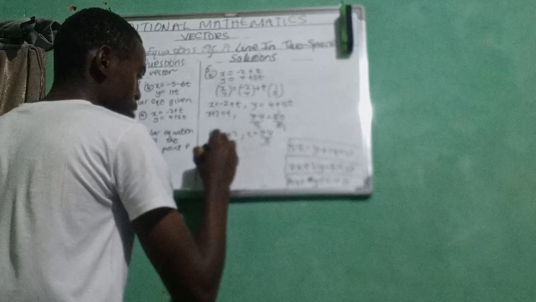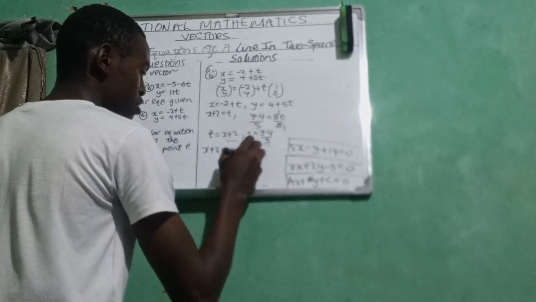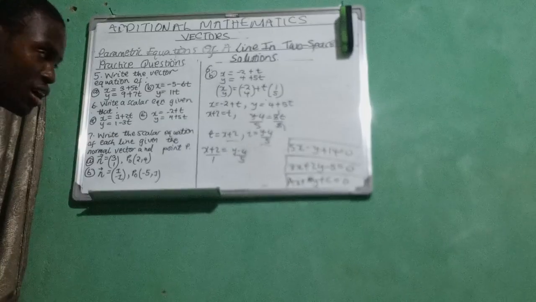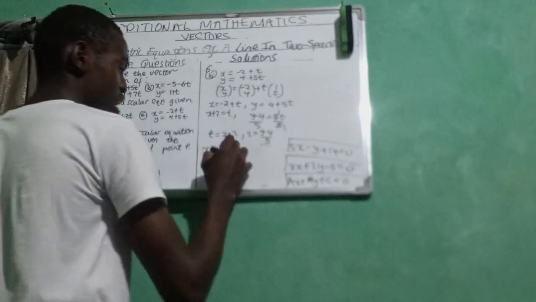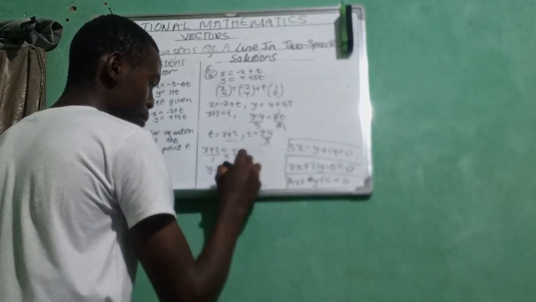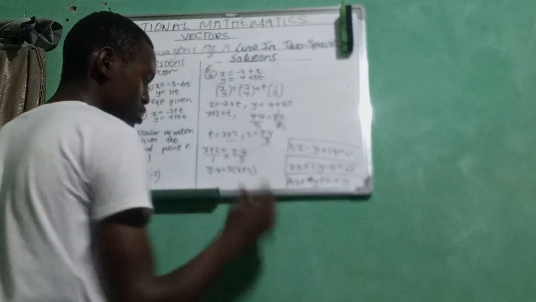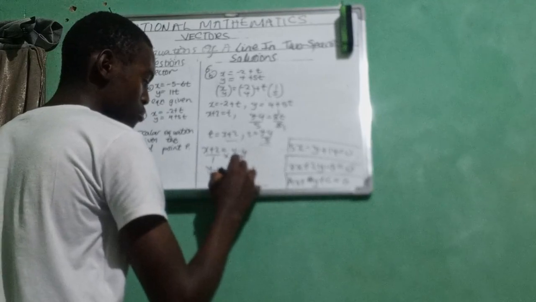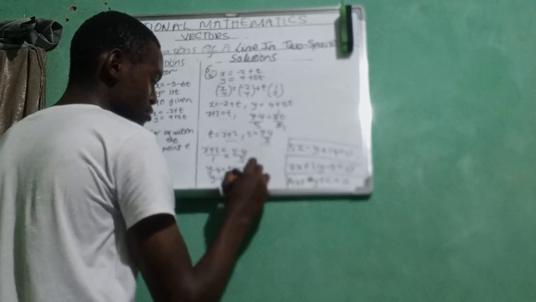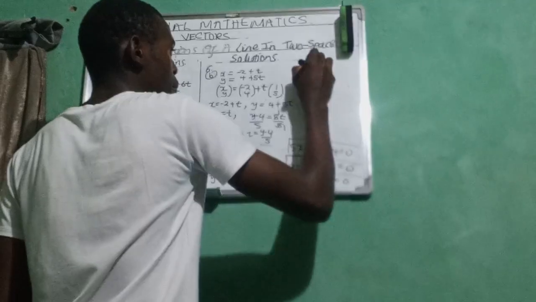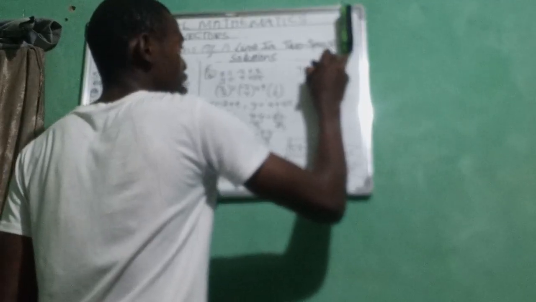So it will be x plus 2 is equal to (y minus 4) over 5. After doing that, we can now cross multiply. Y minus 4 is equal to 5 multiplied by (x plus 2). We distribute the 5: y minus 4 is equal to 5x plus 10.